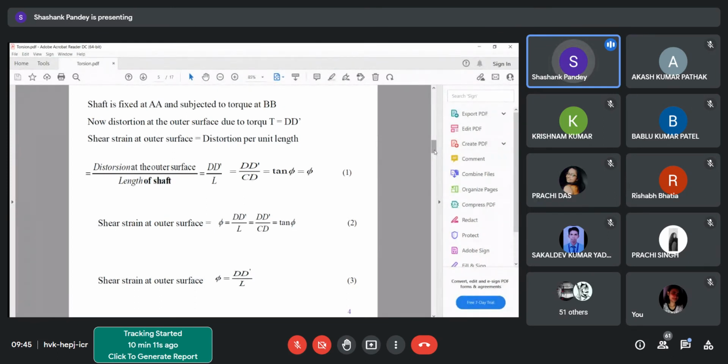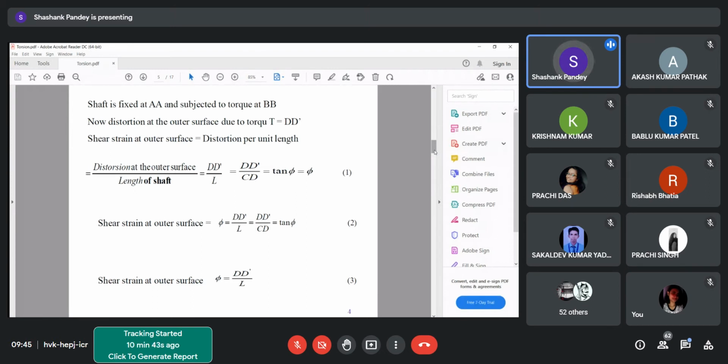The shaft is fixed at A and subjected to torque at B and B. Now distortion at the outer surface due to torque is equal to DD dash. If you look from the top view, the point D will shift to D dash because of application of this torque or twist.